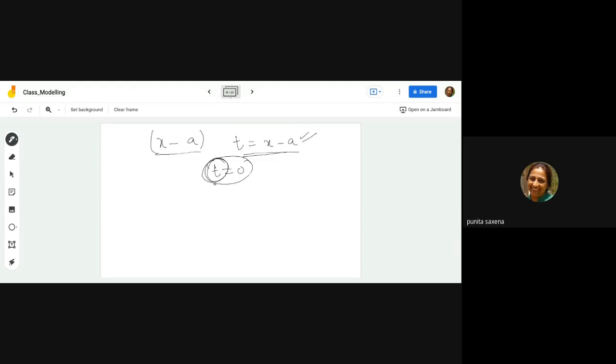Now using this fact, work for t equal to 0. If t equal to 0 is a regular singular point, then x equal to a will also be a regular singular point. So do it for t and conclude for x.